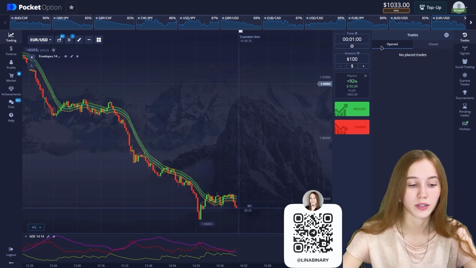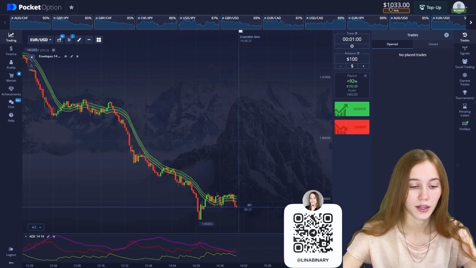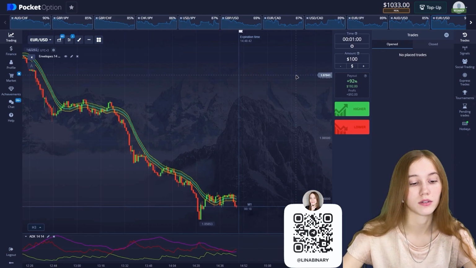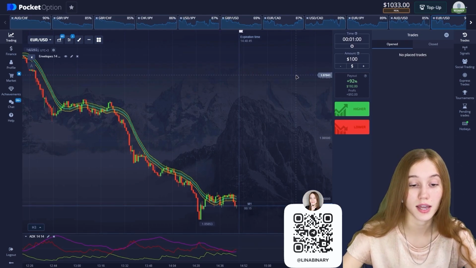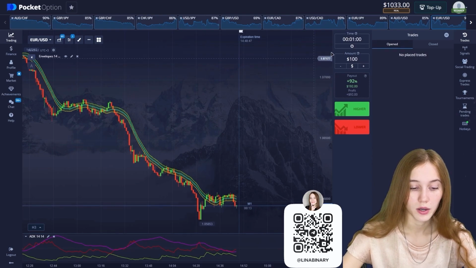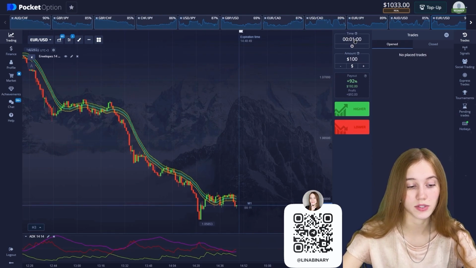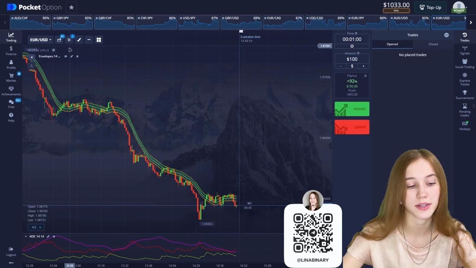We started with $100 and now it's more than $1,000. So we increased our balance almost 10 times. We traded for 1 minute and the amount of deal is $100, and with the help of 2 indicators we traded today.